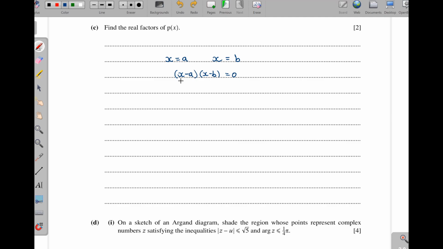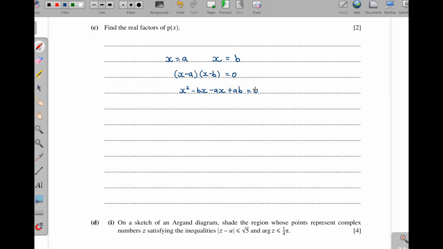Not so? Now let us open the brackets. When we open the brackets, then we get the quadratic equation that gives us these roots. So let us open this times this, we shall get x squared, then x times minus b, you'll get minus b of x, then minus a times the x, you'll get minus ax, and then minus a times minus b, that one gives us a positive ab.